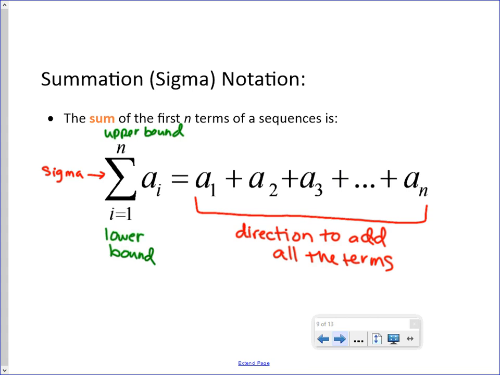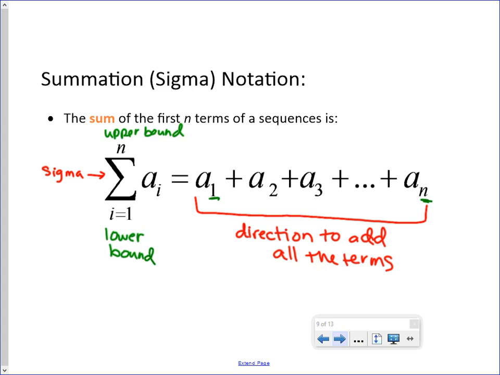So if i equals 1, that's my lower bound, then the first term I start with is A sub 1. And if n is my upper bound, then I have to add all the way to A sub n. So if it's from 1 to 5, I have to add the first, second, third, fourth, fifth terms. And so it's just telling you how many terms to add.